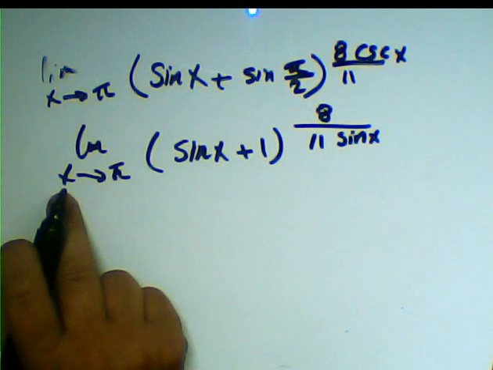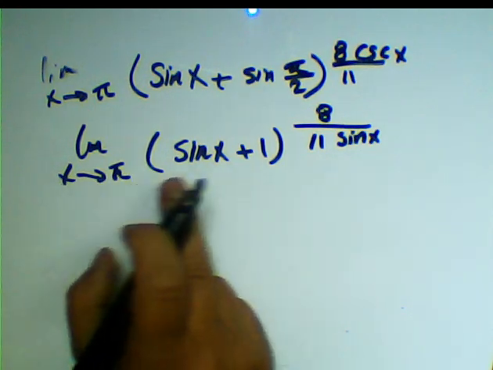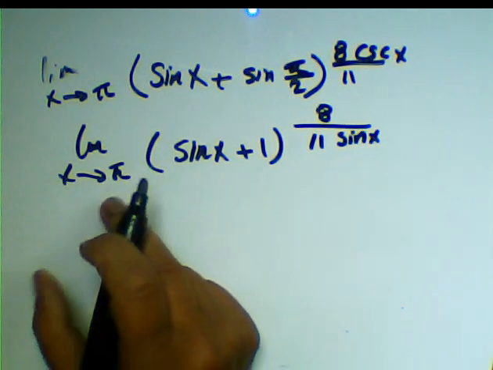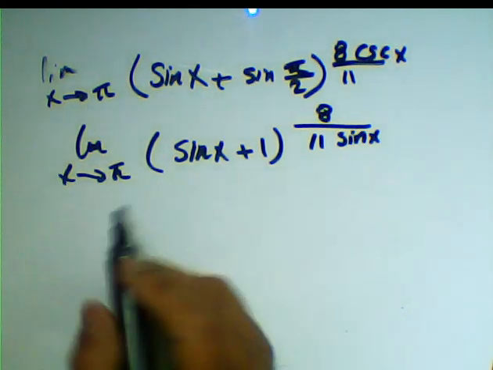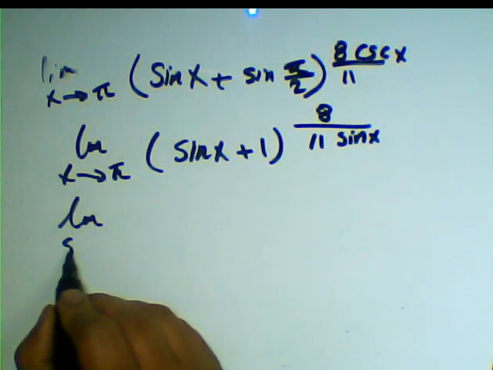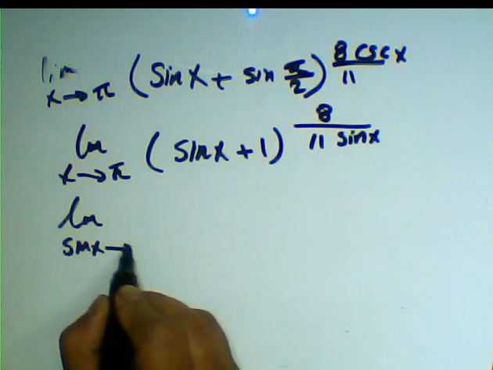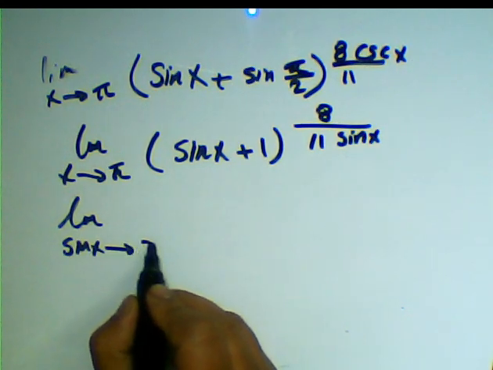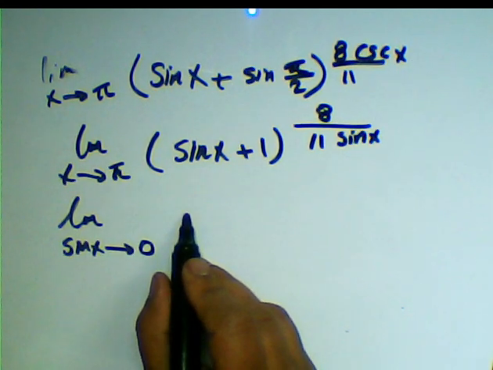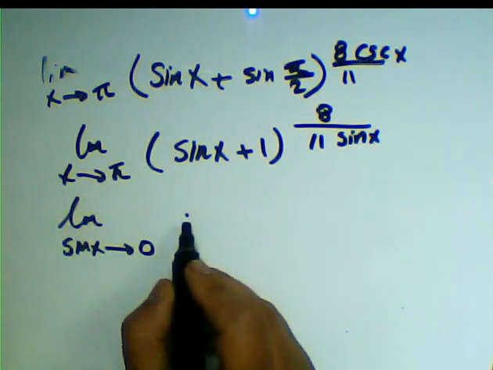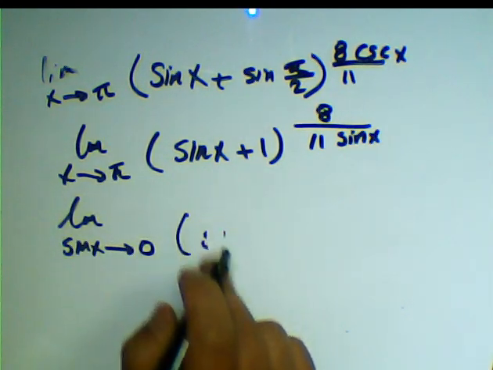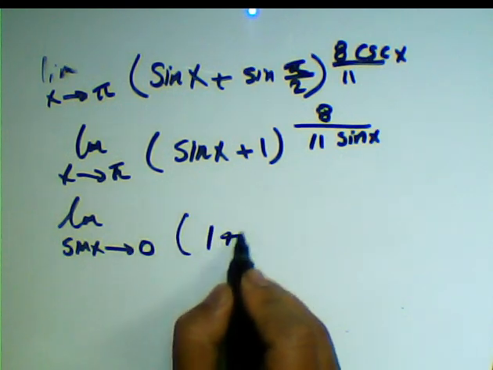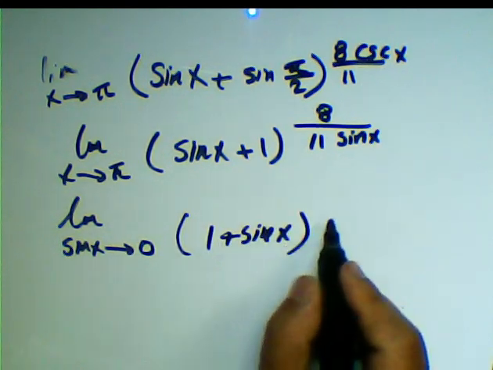Okay, when x approximates to pi, then sine pi equals 0, sine 180 equals 0, then the limit when sine x approximates to 0, because we get sine here and sine here, about this function sine x plus 1, write 1 up here, 1 plus sine x.